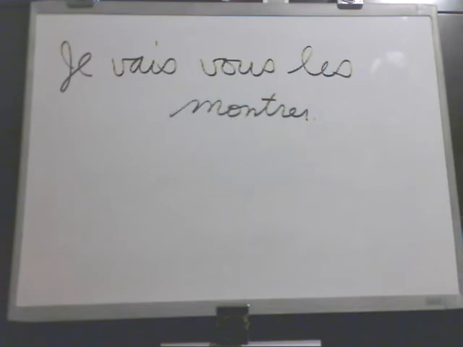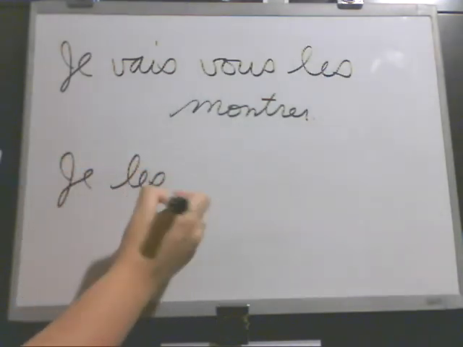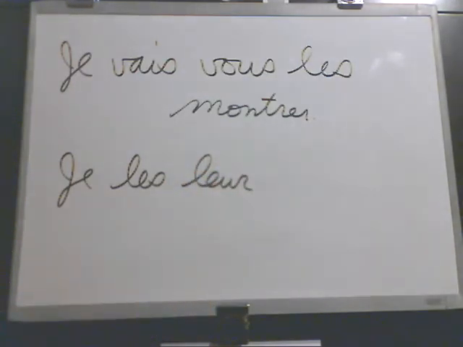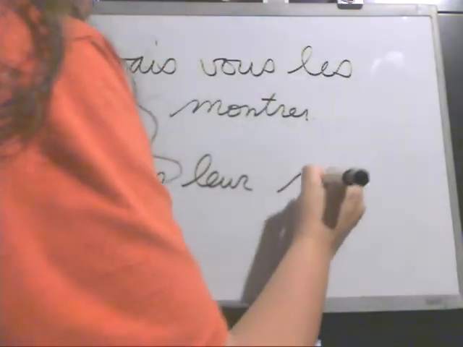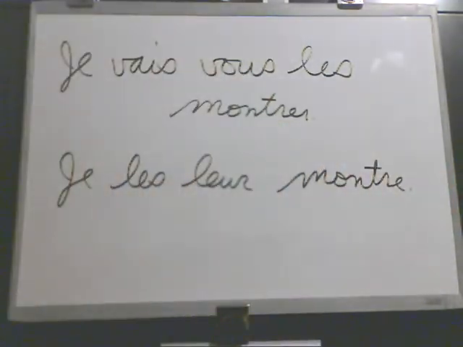Let's get that up on the board. Oui, je, they comes first. That's the bad grades. Leur is my parents. And montre is our verb. Yes, I showed them to them. So we would say in English.